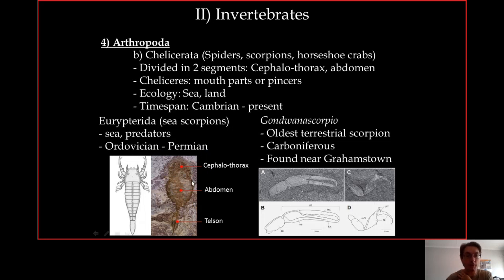In sea scorpions, you have the typical chelicerate organization of the body, with the head bearing the legs, the cephalothorax, and then the abdomen coming after that. And you even have the tip of the tail, which is the telson, which will become the dart in scorpions.